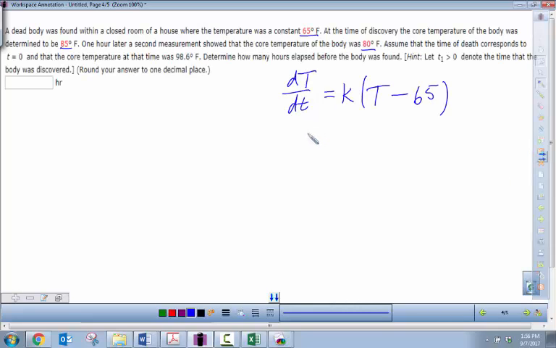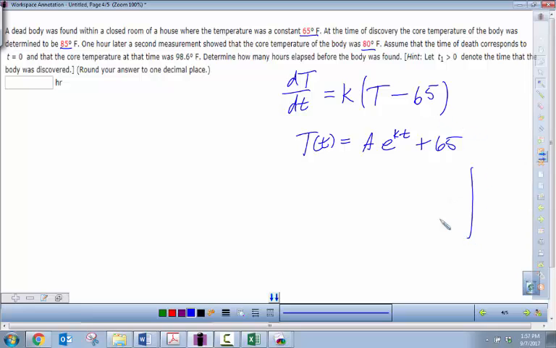So your temperature T with respect to time t is going to be A e to the kt plus 65. I can't get any colder than 65, because as t blows up, the exponential turns to 0. So this is like the leveling off.